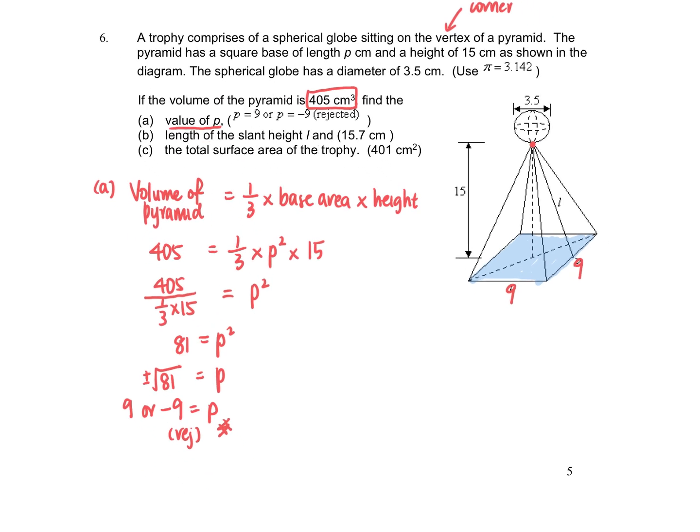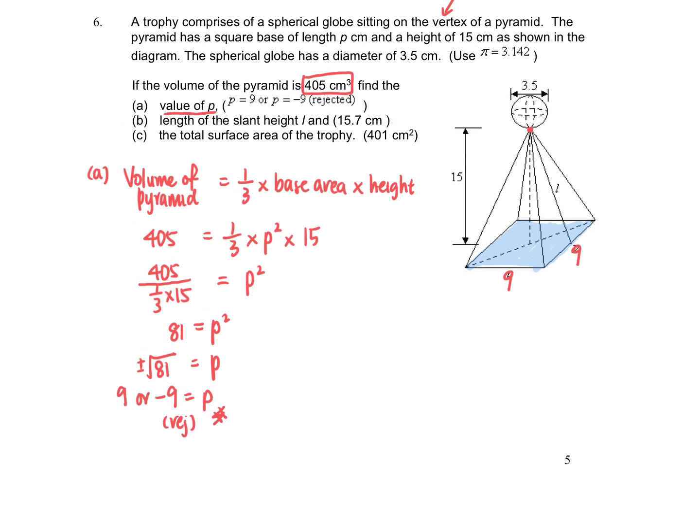Okay, next, they want me to find the slant height. This one. So remember just now I told you, right? If you want to find slant height, make use of the right angle triangle and do Pythagoras theorem. So this is the right angle triangle. So part B, I draw the right angle triangle.